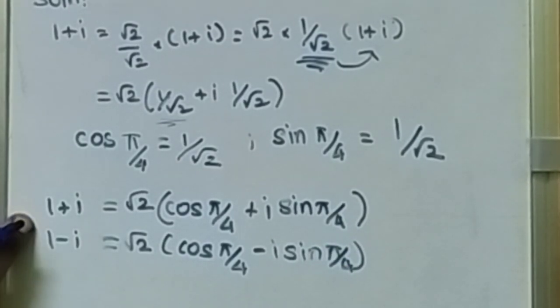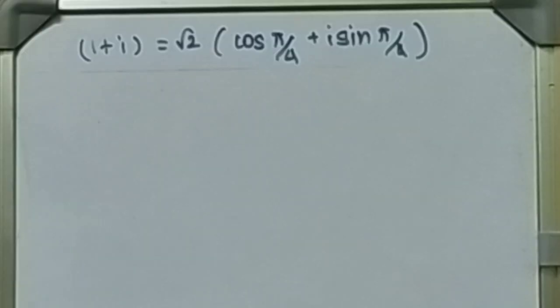Clear? Now we found the values of 1 plus i and 1 minus i. Right? Clear. Now we are going to find the value of 1 plus i power n. Shall we go? Yes. So we found 1 plus i equals root 2 times cos pi by 4 plus i sin pi by 4.